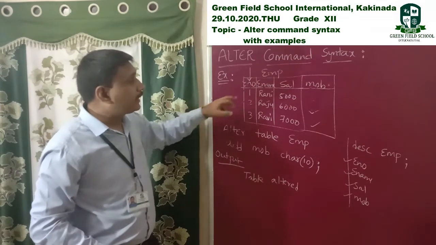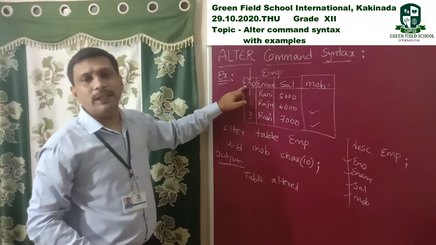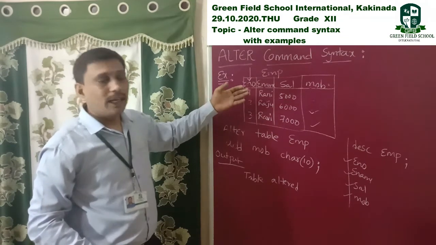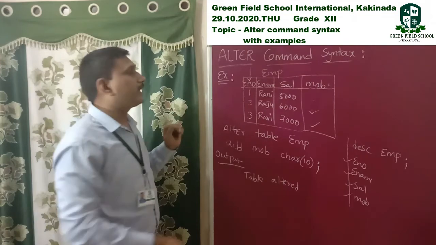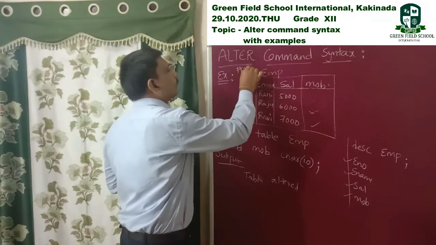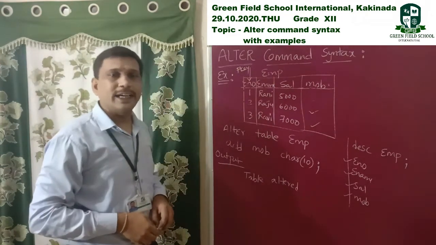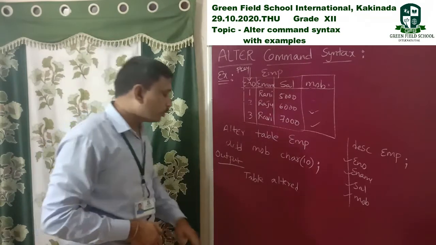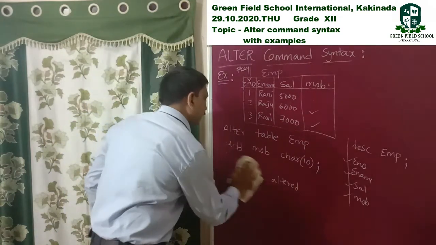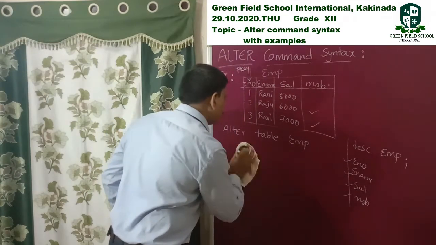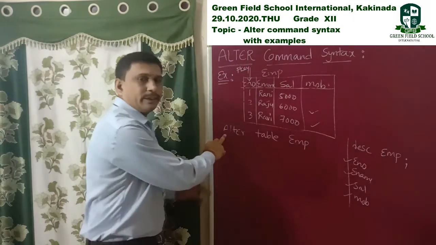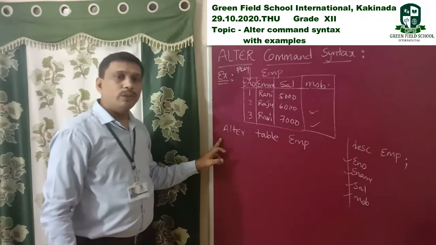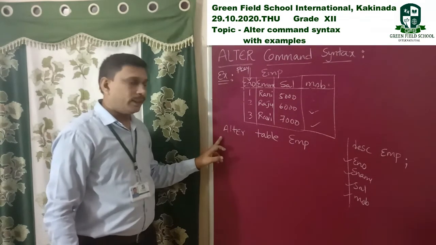Then after creating the table, I add one constraint, that is the primary key constraint, to this employee number column. Then we go for this command. How to use this command? ALTER.